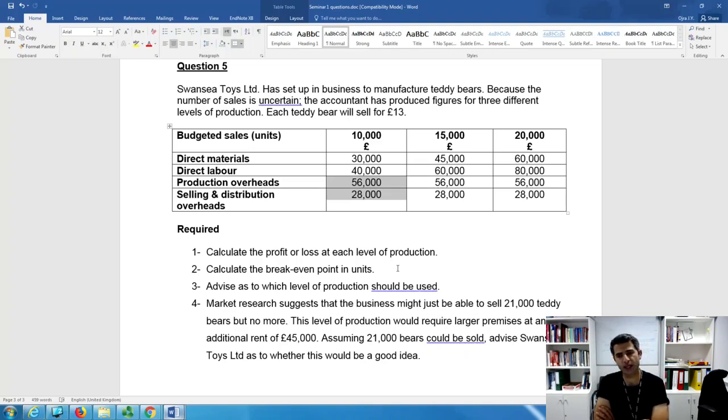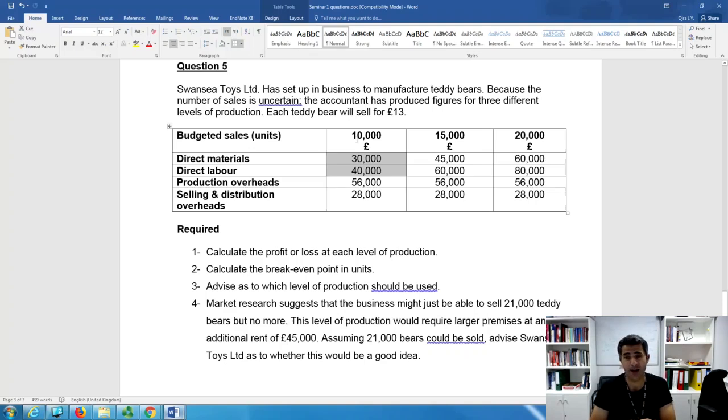We agreed that contribution per unit equals selling price per unit minus variable cost per unit. The selling price per unit is available here, £13, minus the variable cost per unit. For the variable cost, we have material and labor, 30,000 plus 40,000 is 70,000. If you divide that by 10,000 units to find the variable cost per unit, that's £7.